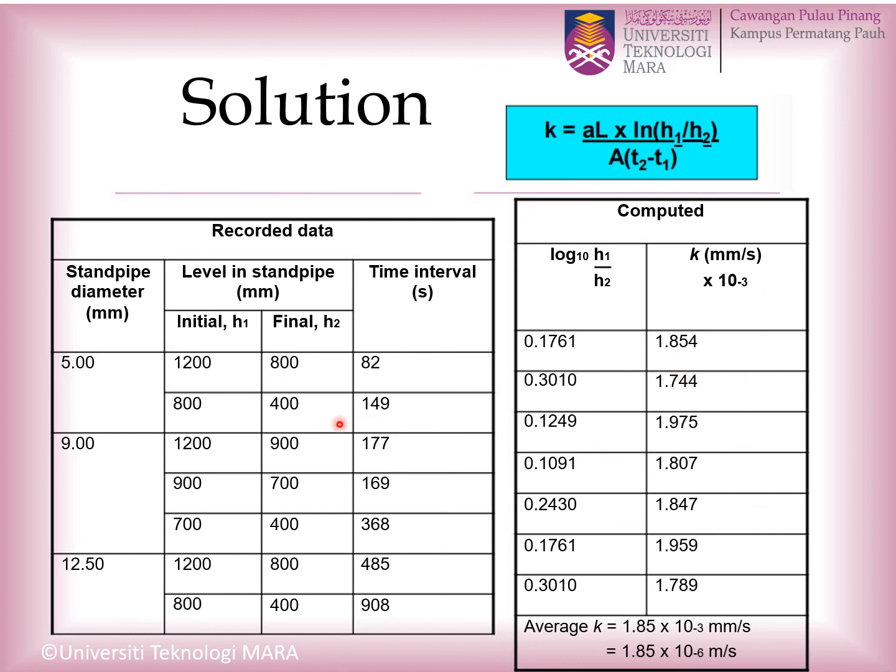Then you determine the value of K for each different standpipe and different H, and determine the average value of K. For example, here the average value of K is 1.85 times 10 to the power of negative 3 mm per second, or 1.85 times 10 to the power of minus 6 meters per second.